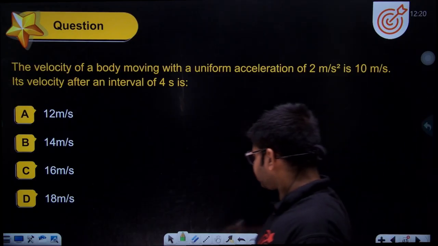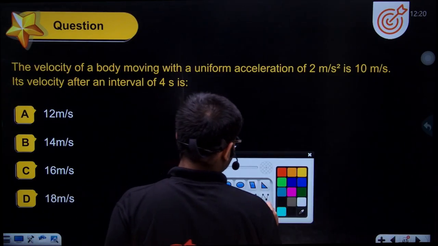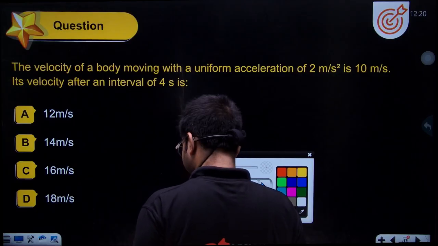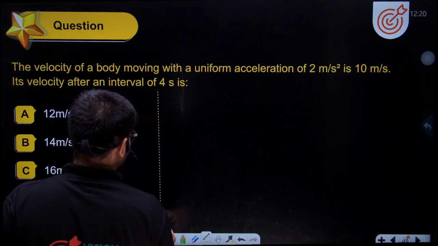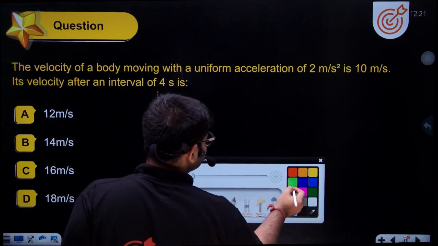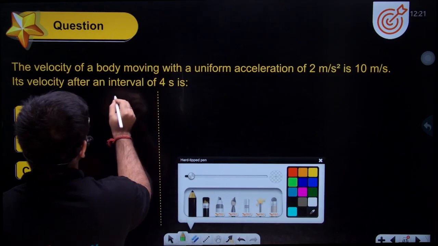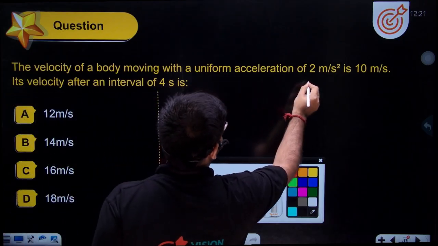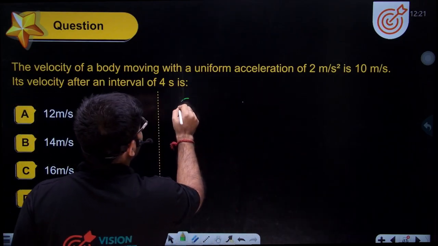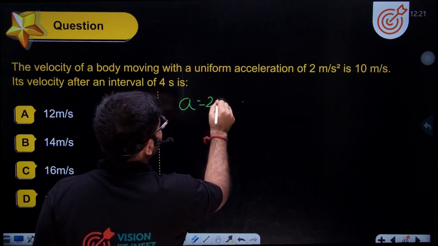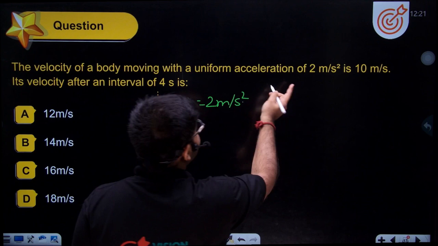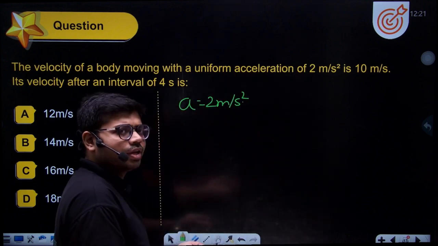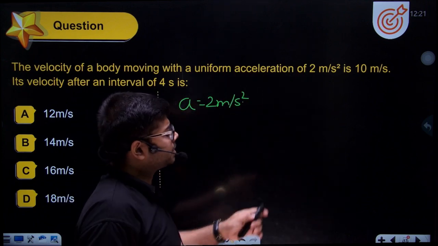Okay, let us solve it. So they are saying that the velocity of a body moving with a uniform acceleration, so the acceleration is uniform here. So a is equal to 2 meter per second square, and see, nothing has been said here, means we will take it to be the positive acceleration only.